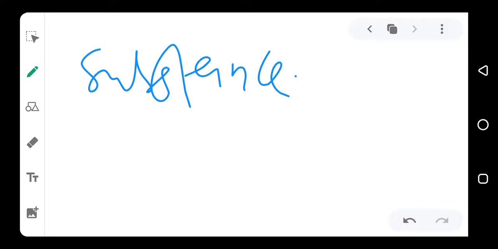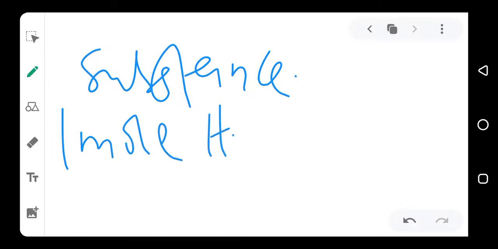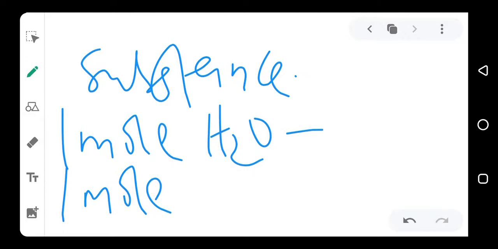So what this means is that when we get something like 1 mole of water, 1 mole of H2O, and we weigh it, whatever it gives us in gram is the molar mass of water. When we get 1 mole of hydrogen molecule and we weigh it, whatever it gives us in gram is the molar mass of the hydrogen molecule.